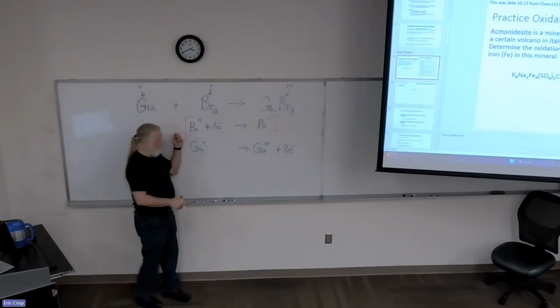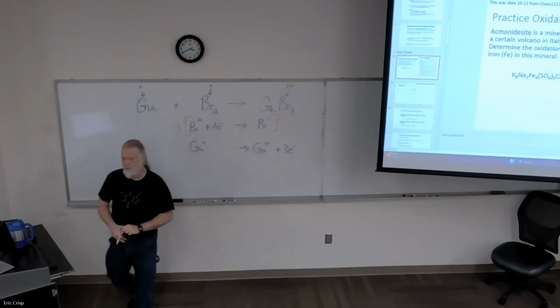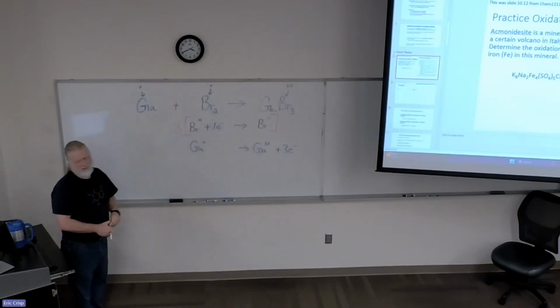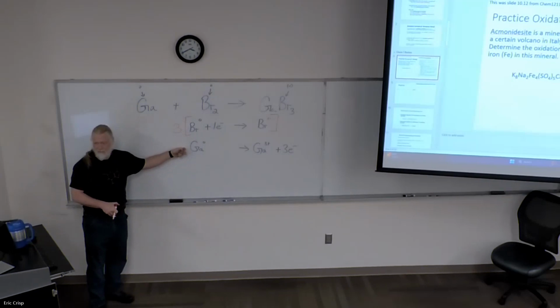Okay, and that 3 is based on just getting a least common multiple, actually a common multiple, I don't care if it's least or not. A common multiple between the number of electrons, so they have the same number of electrons on both sides. Sometimes you'll have to multiply both things to get an equal number of electrons. Okay?